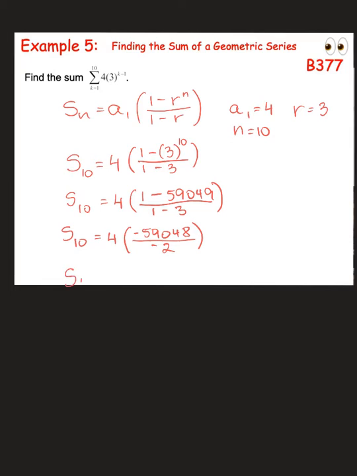So the sum of the first 10 terms is going to be 4 times 29,524. So finally the sum of the first 10 terms is going to be 118,096.